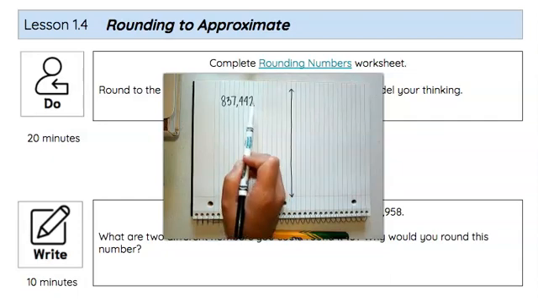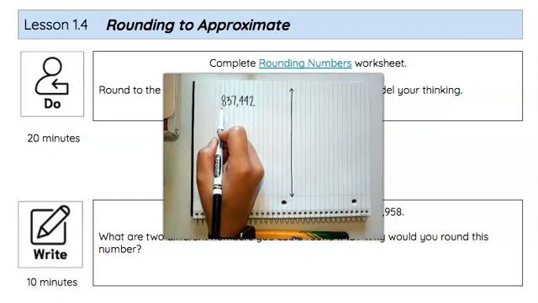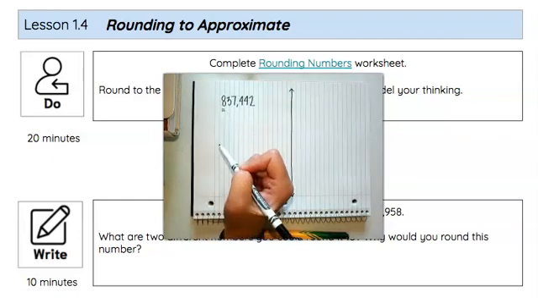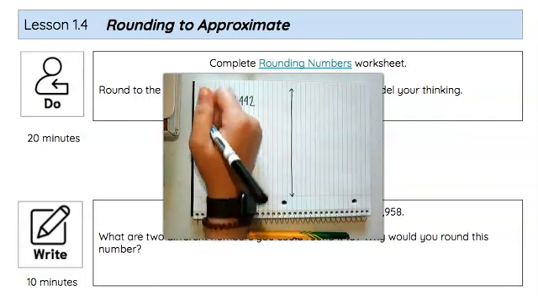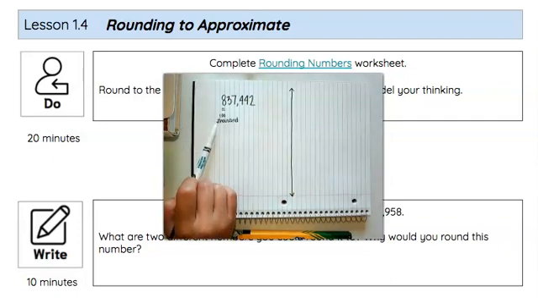So I want to round this number to the highest place value, which is the number to the left. That 8 is in the 100,000 place value. Now that I know that I'm going to round this number to the nearest 100,000 place value, I have to think of the closest number that is less than this number and the closest number that is greater than this number.